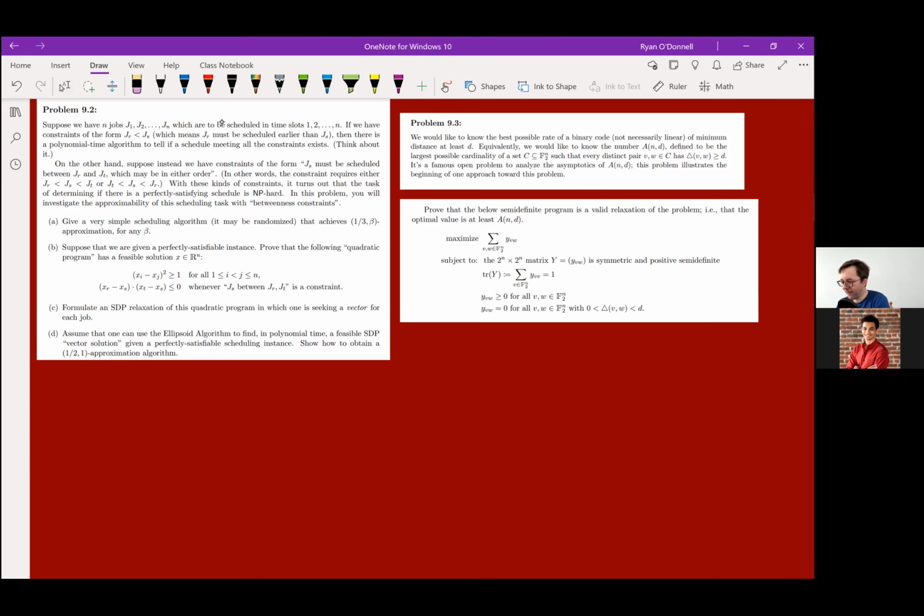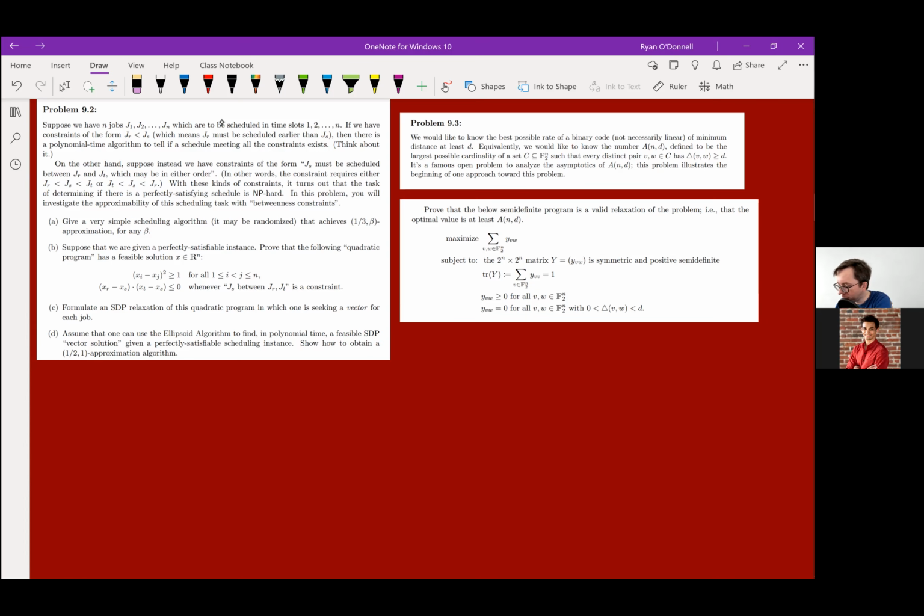The question itself says that for a constraint of the form jr less than js, my assumption was that it's the number assigned to the job, so maybe it's abusive notation. Okay, got you. I was thinking xi would be the time slot, or the schedule, assigned to job i.